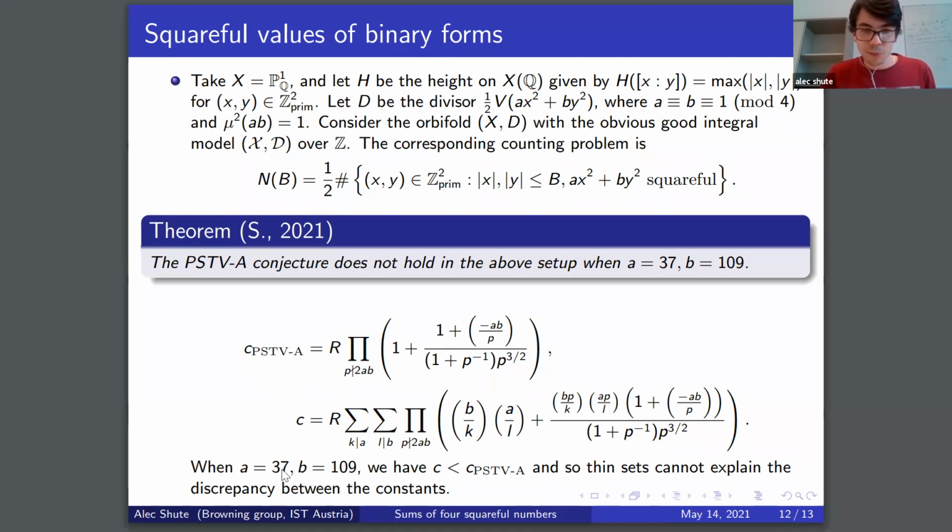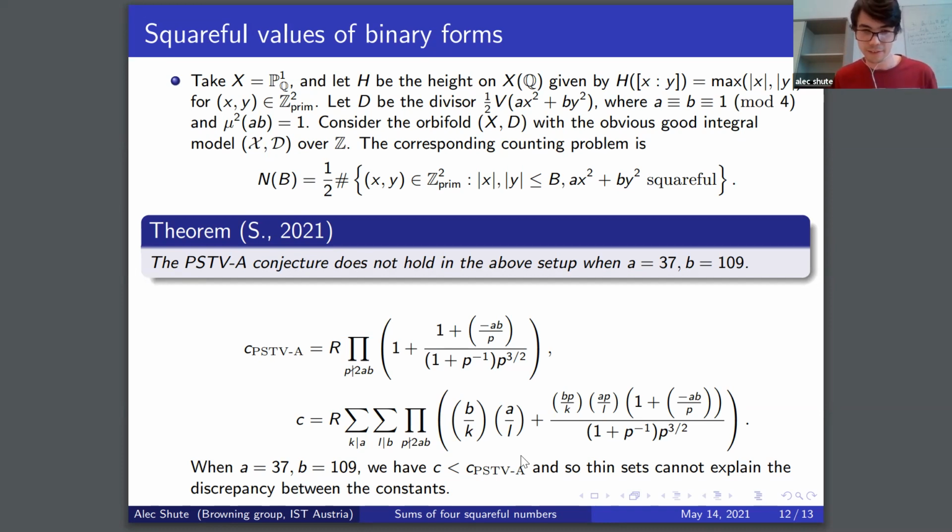So 37 and 109 are prime, which means that in that case, our double sum here is actually a sum over four things. One of them is the PSTV-A, and we cooked up 37 and 109 in such a way that these Legendre symbols worked in our favor, and the sum of the other three contributions is strictly negative.